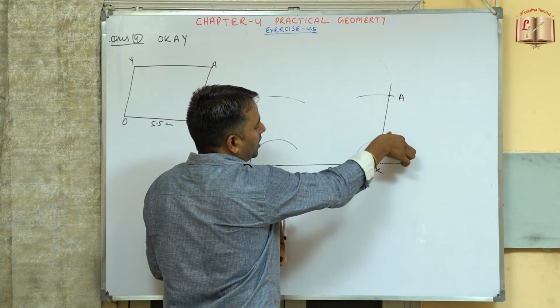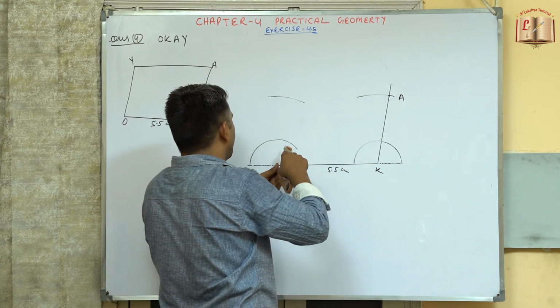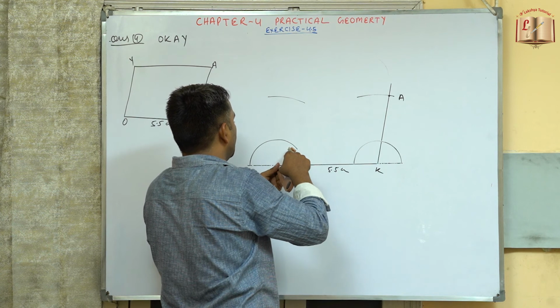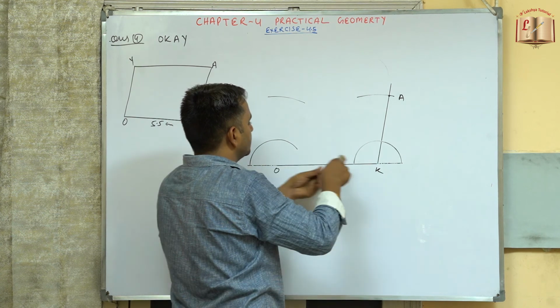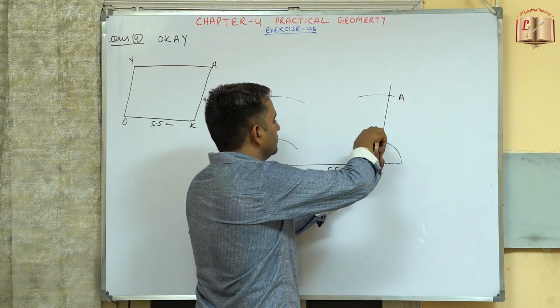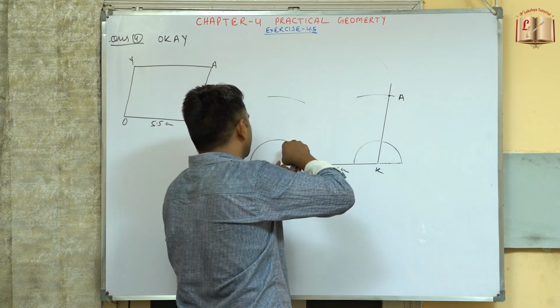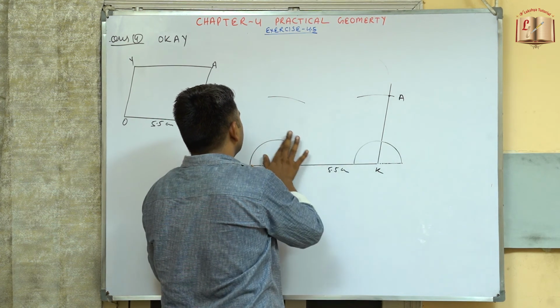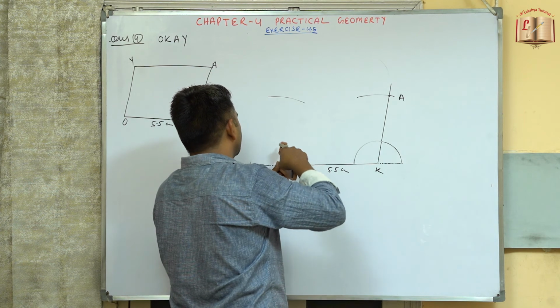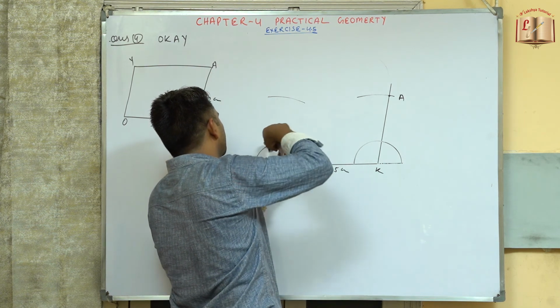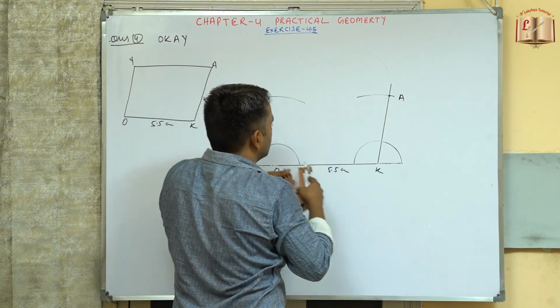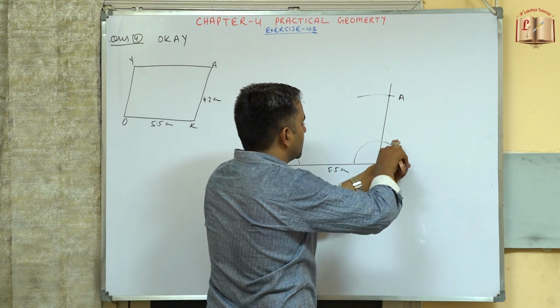Now from here, whatever is this angle, the same angle will be drawn from this point. Now equal to this arc will cut.